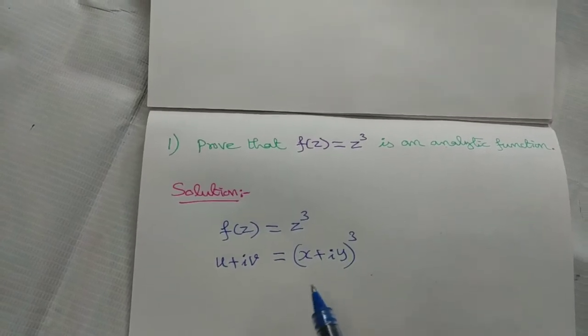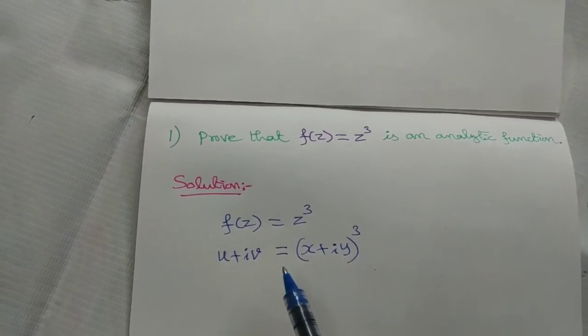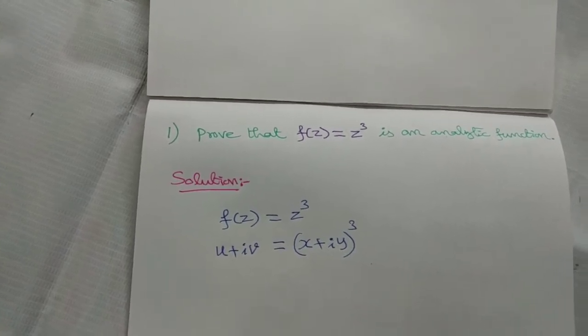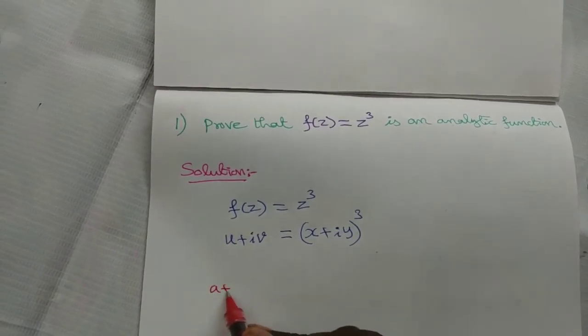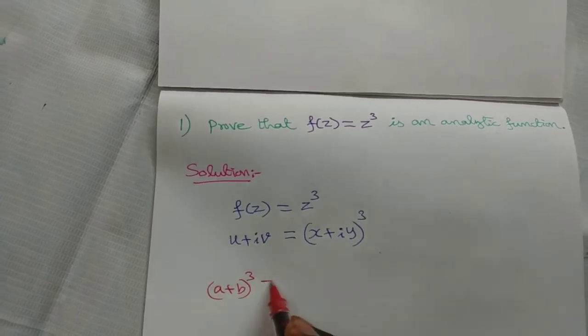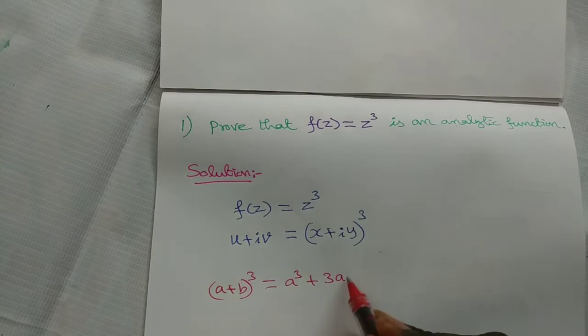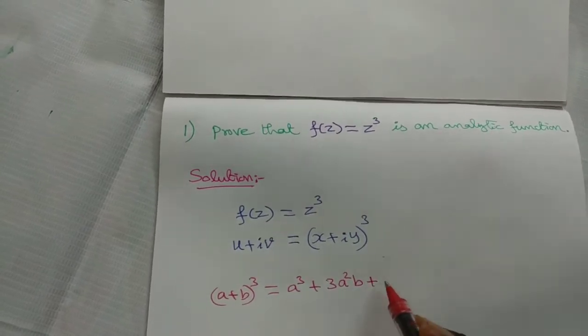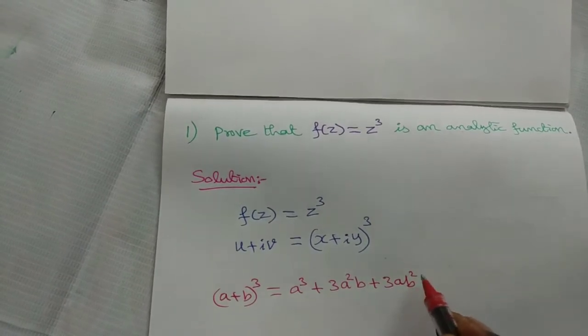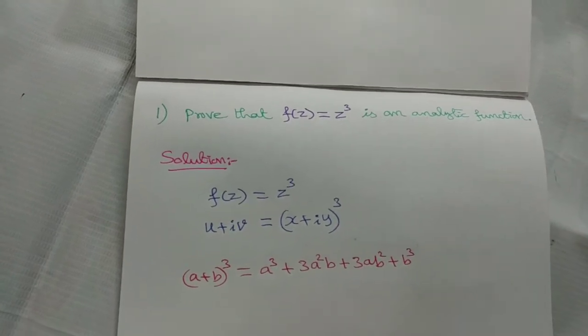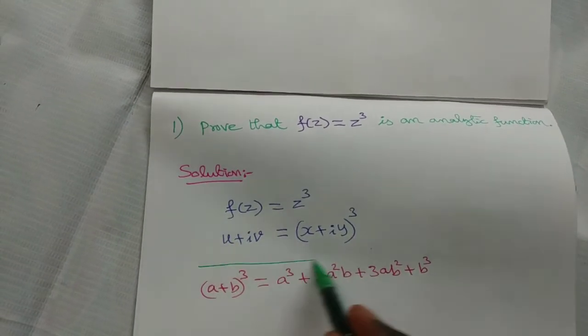Okay, so now to find u and v, I want to apply the (a + b) the whole cube formula. So what is the formula for (a + b) the whole cube? (a + b)³ = a³ + 3a²b + 3ab² + b³. So this is the formula for (a + b) the whole cube.